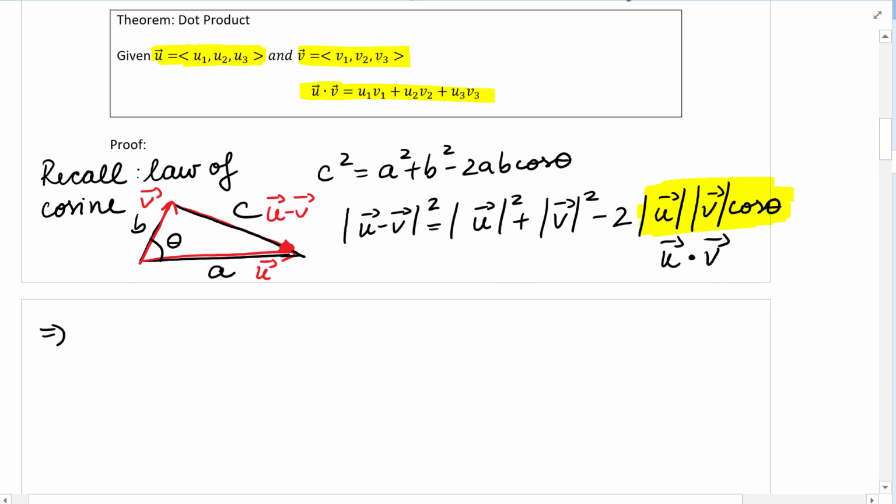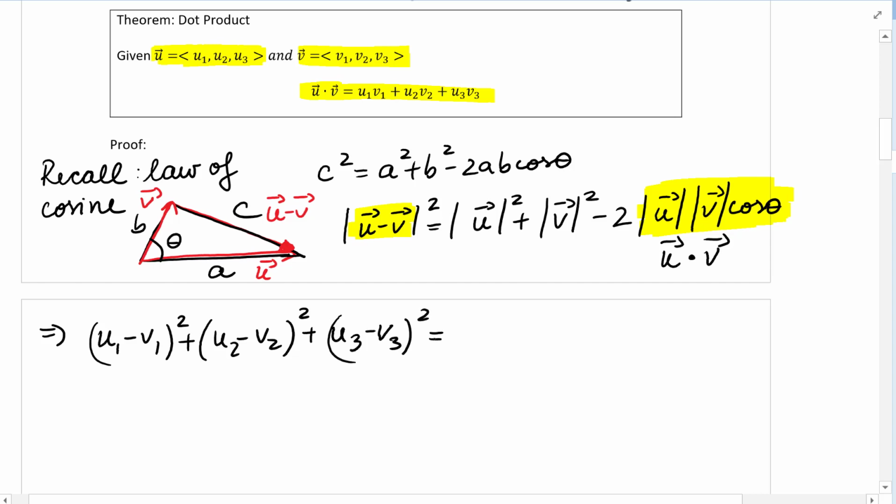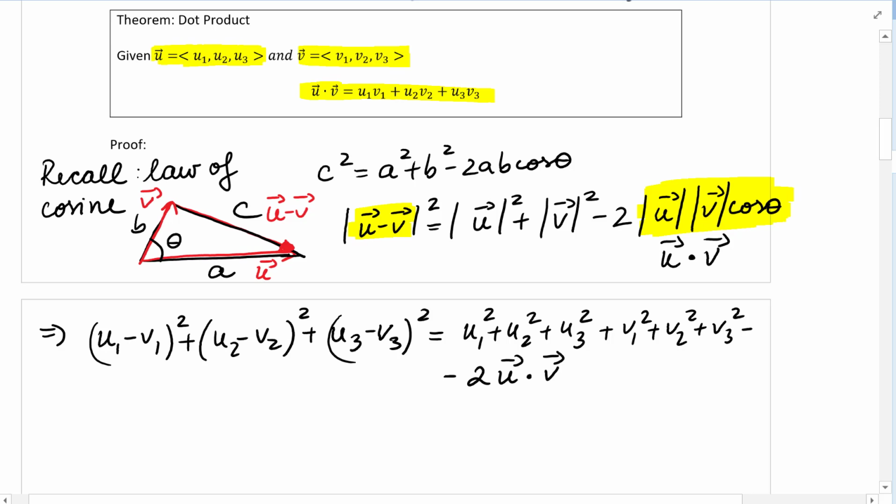Now u minus v in component form, squared, is going to be u1 minus v1 squared plus u2 minus v2 squared plus u3 minus v3 squared, which equals the magnitude of u squared, which is u1 squared plus u2 squared plus u3 squared, plus the magnitude of v squared, which is v1 squared plus v2 squared plus v3 squared, minus 2 u dot v.